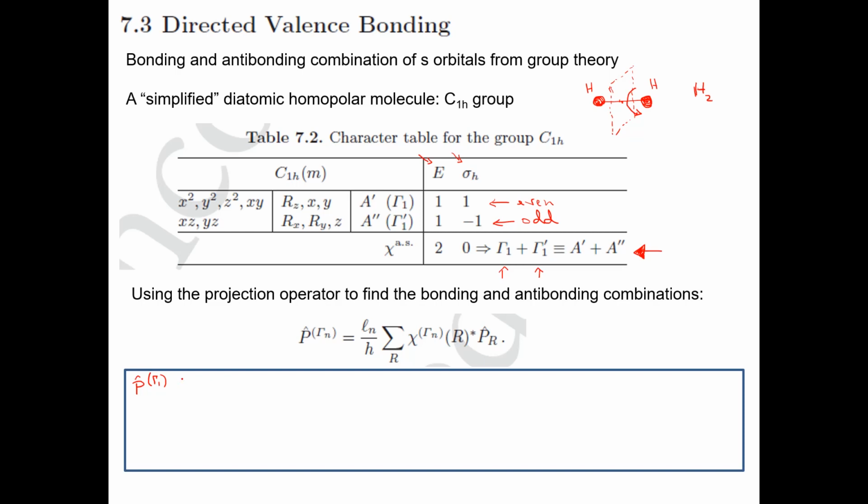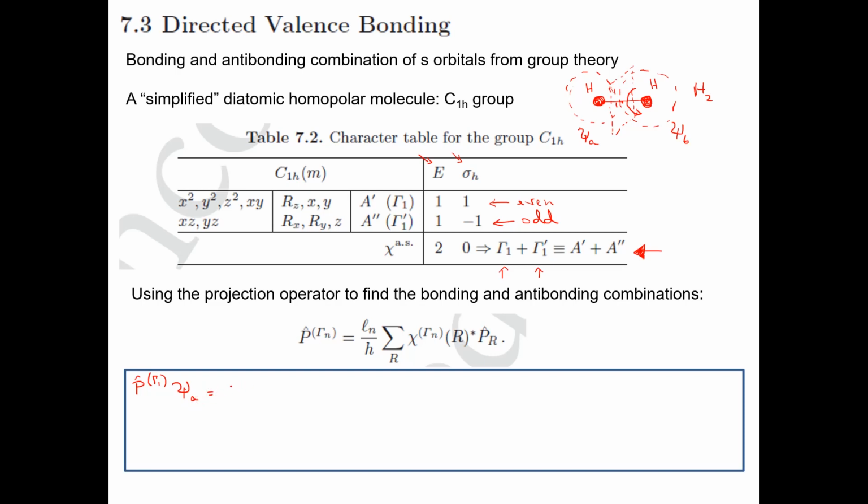Let's suppose I will call here atom A. So I have an s orbital here, and with this orbital I will call psi A, and on atom B I have another atomic orbital that I will call psi B. So let me apply the projection operator to the function psi A using this formula.